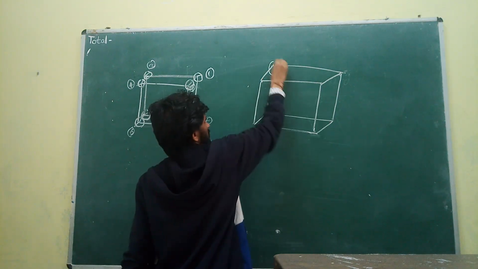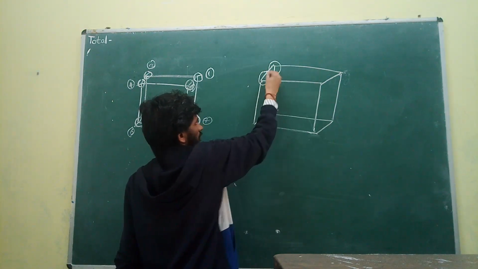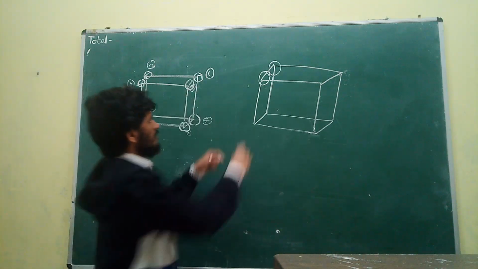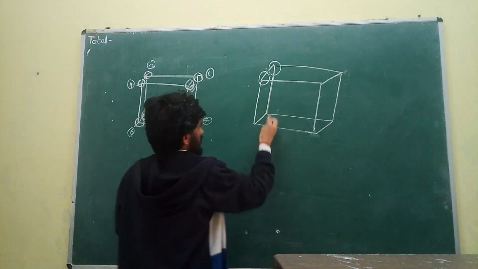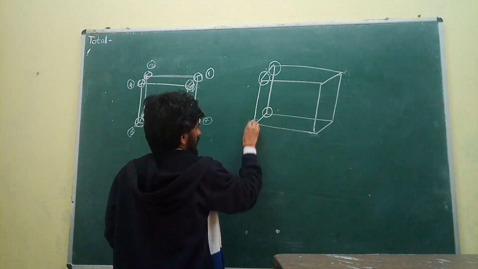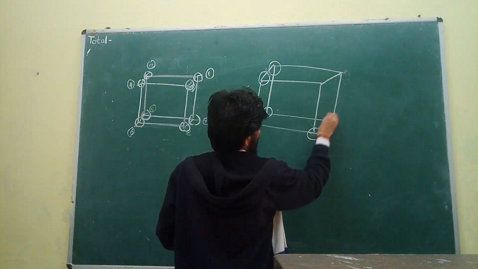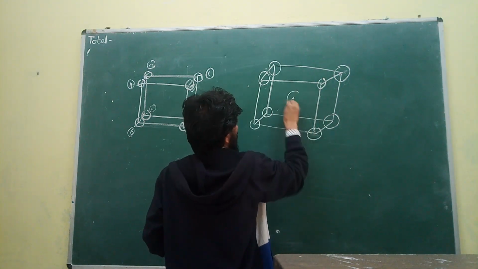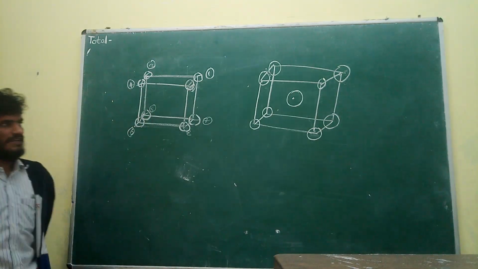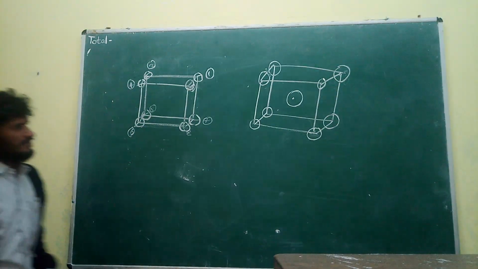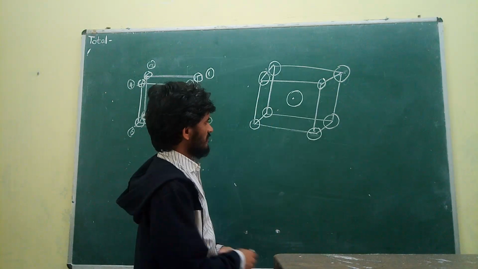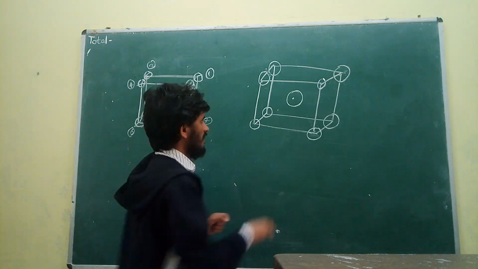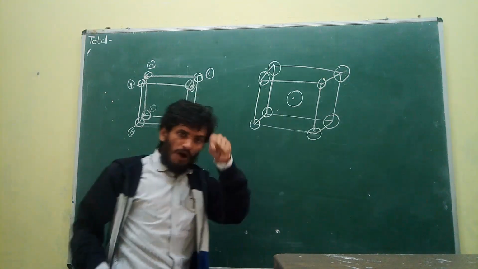On 8 corners, 8 atoms are present. They touch one another. Understand? In simple they touch, but here they won't touch. Later we will explain in detail. 8 corners, 8 atoms, as well as one atom in the middle. Understand? In the middle one atom is present. Such a unit cell is called a centered unit cell. In a centered unit cell, it is the center of the body.